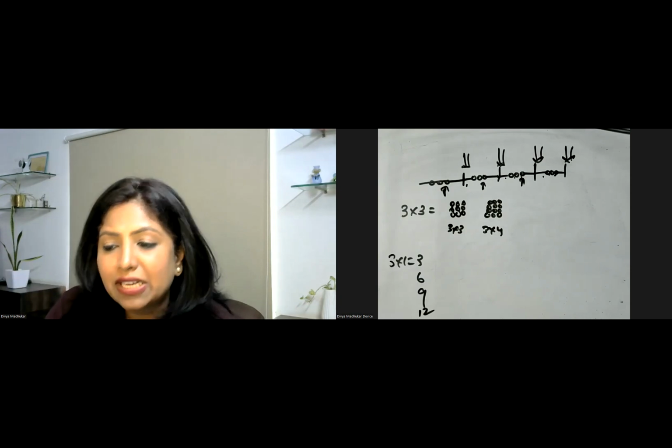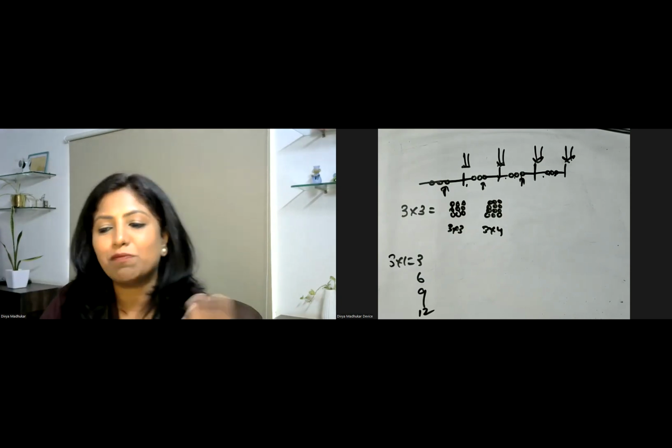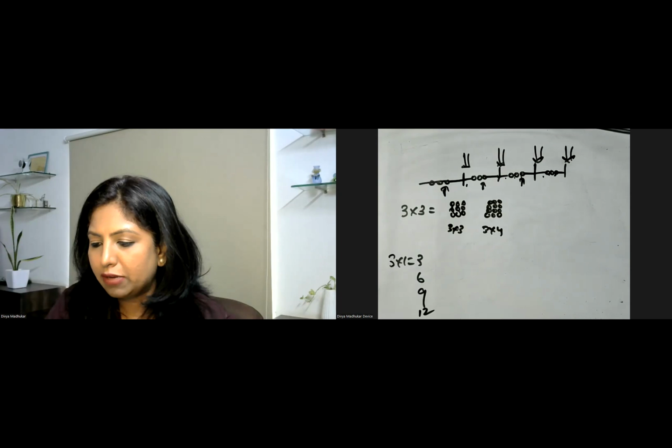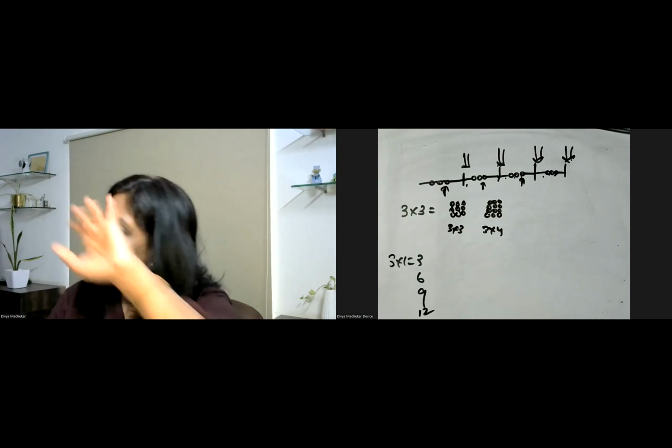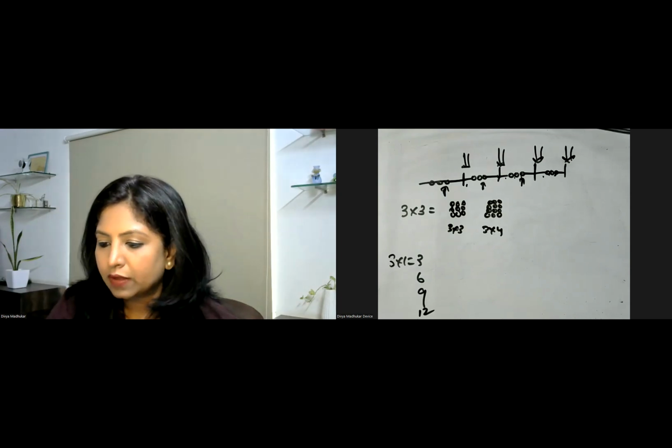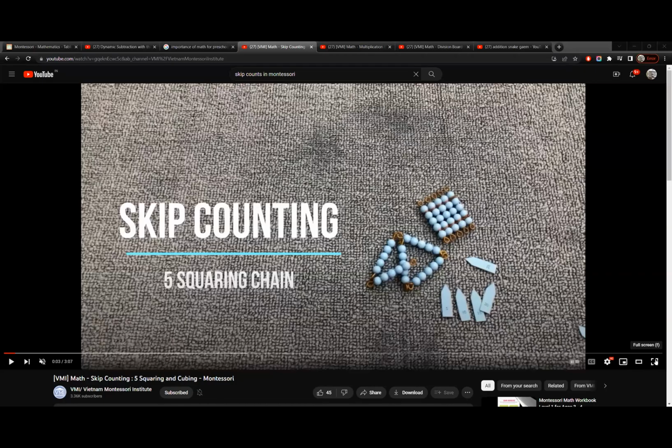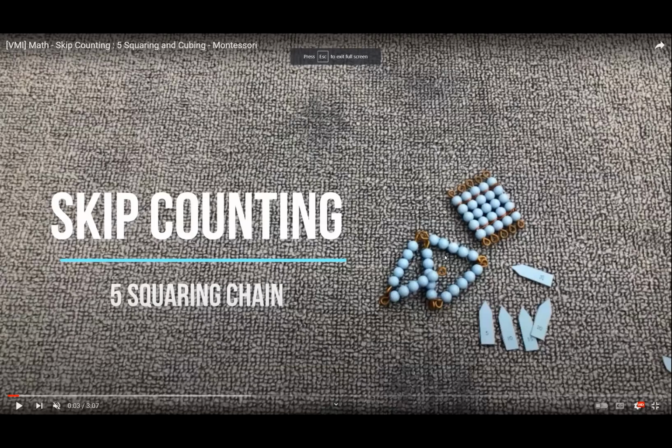So what is our material? We call it the skip chain material. Let me show you that. It's called the square chain.